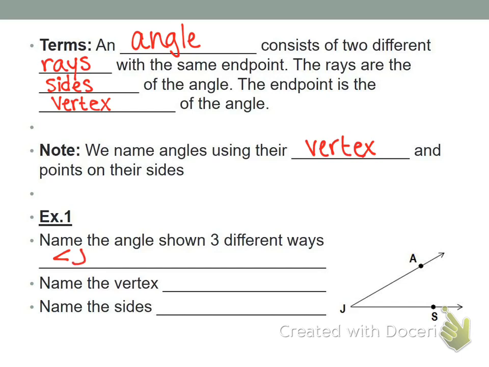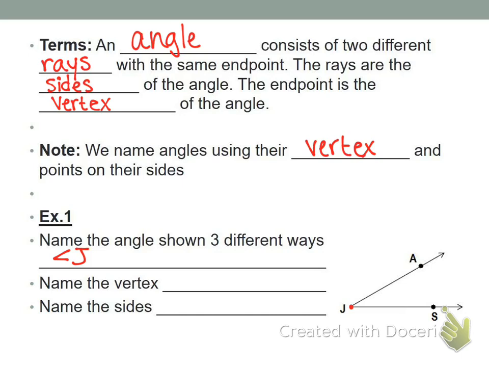J. That's the corner or the endpoint that they have in common. Notice that they did not put a dot at J. I tried to warn you that there will not always be a point when you've got lines or rays intersecting like that. So you have to know there is a point there.